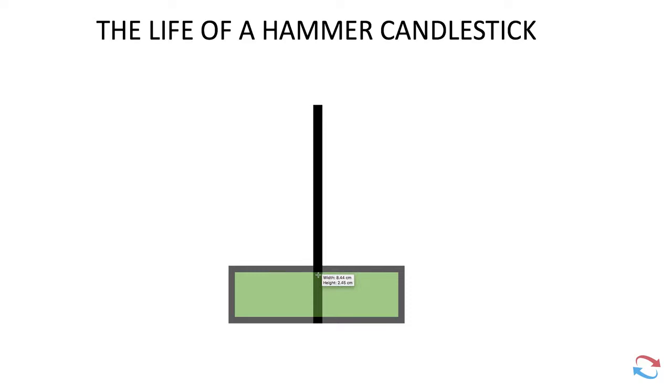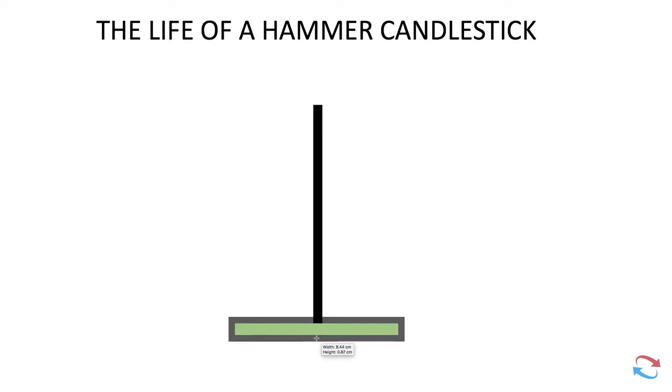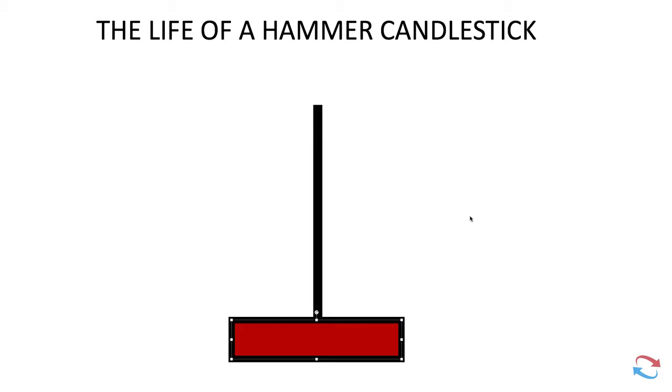Demand is getting weaker and weaker, supply is getting stronger and stronger, so much so that it pushes price past where the open price was. So you can see that supply was so strong that it pushed price past where buyers had previously been in control.